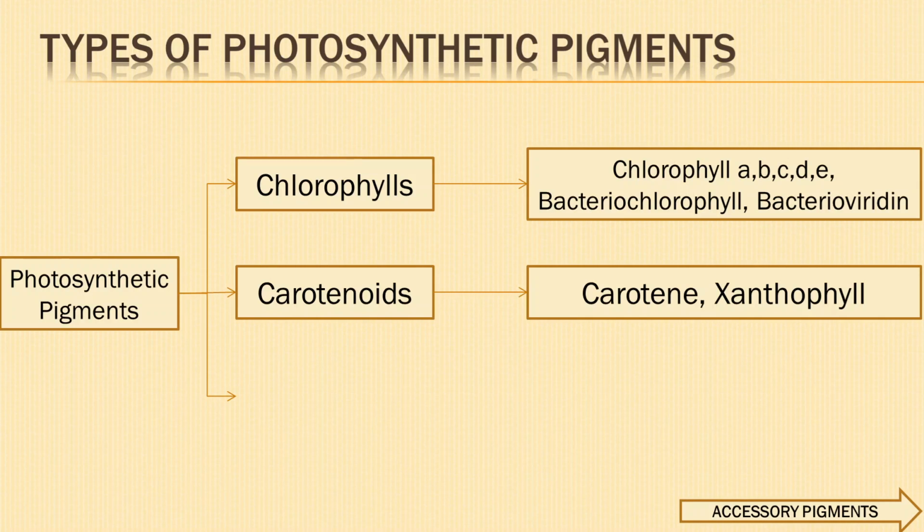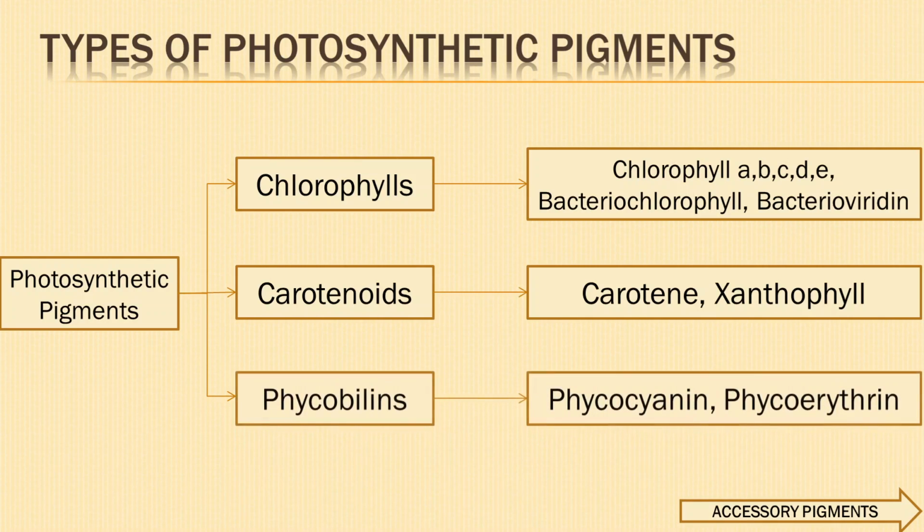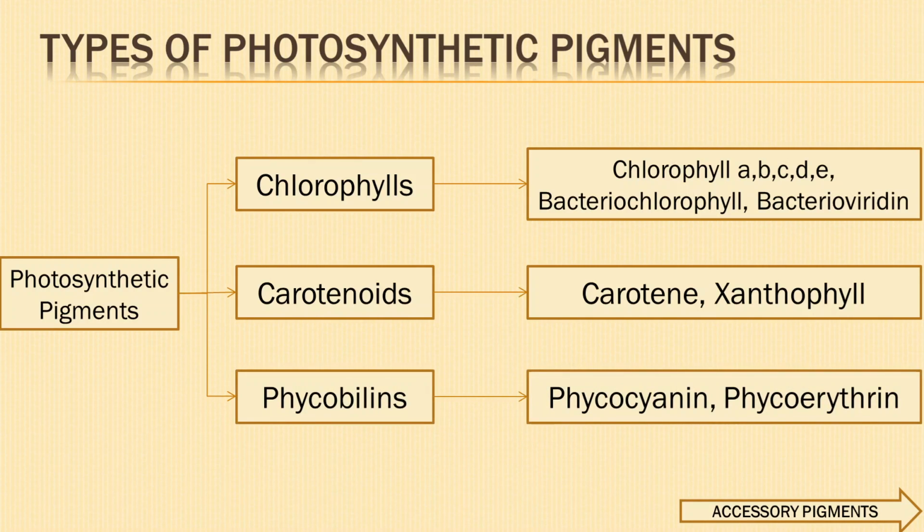Lutein is the major xanthophyll found in plants. Phycobilins are present only in cyanobacteria, that is blue-green algae and red algae. They are of two types depending on the color, namely phycocyanin, blue, and phycoerythrin, that is red.